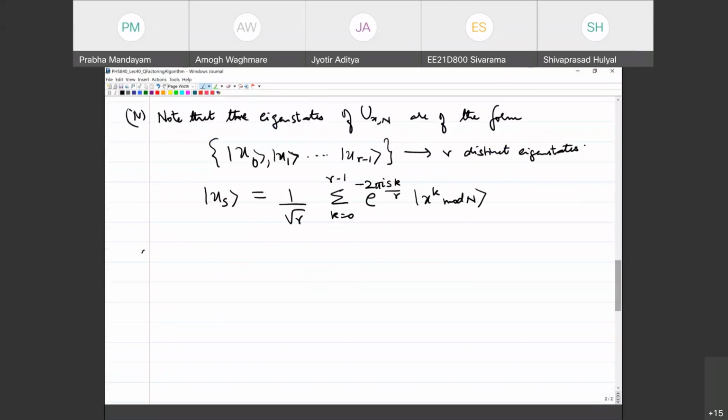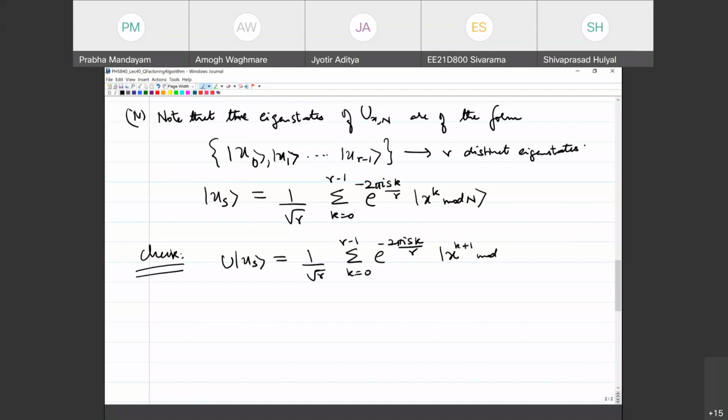So we can check that these are indeed eigenstates. You act U on U_s, right? So what do you get? Please work this out with me as far as you can. So this is just going to add one more power of x, right? So this is x to the k plus 1 mod n.